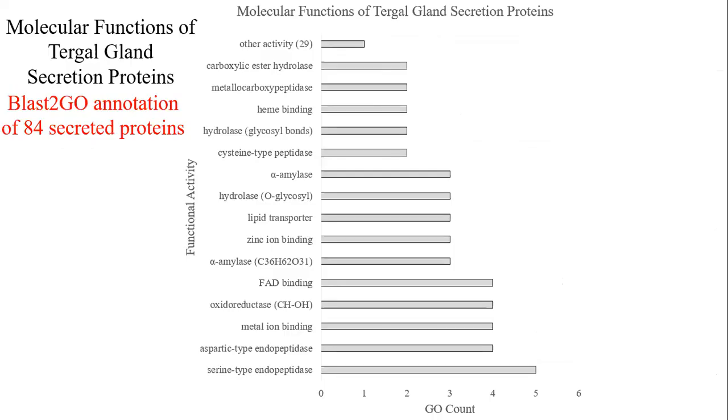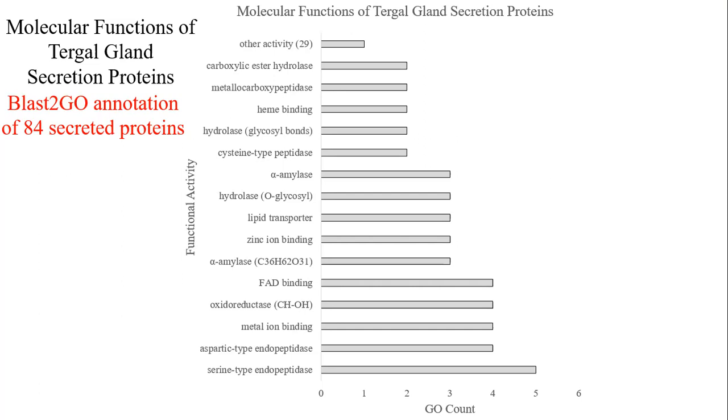I also did BLAST2GO analysis, and basically this uses algorithms to find out the different functions of all of the proteins in a sample, given that you're able to input their FASTA sequences. I did this with the Tergal gland secretion proteins that I found, and I was able to deduce the molecular functions of quite a few of them.